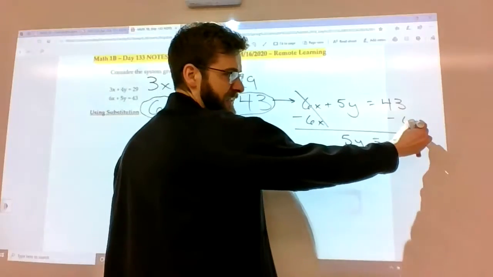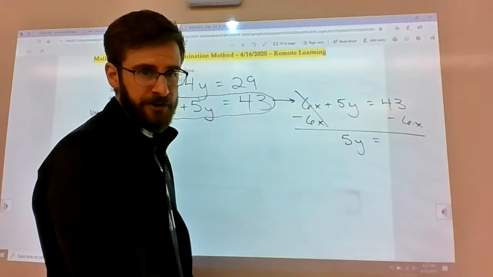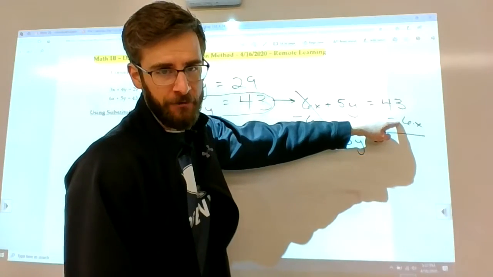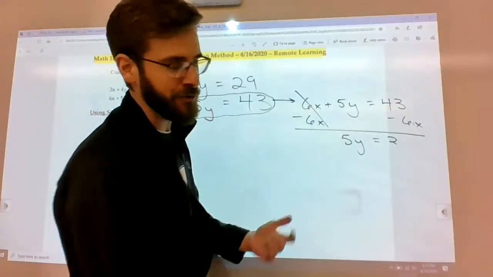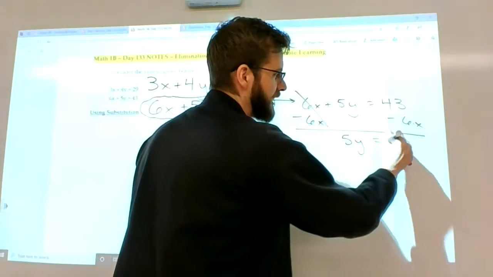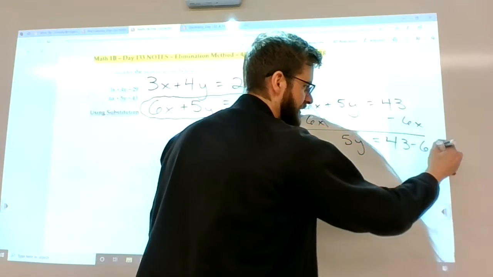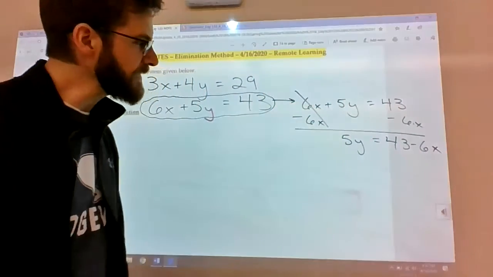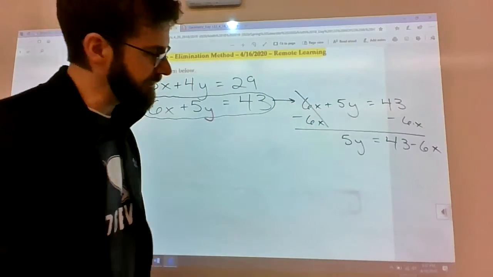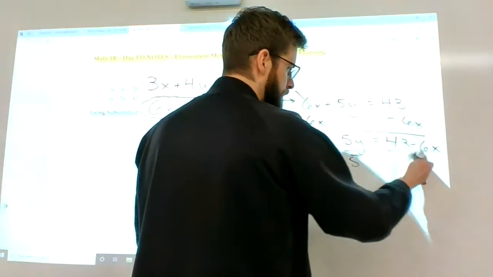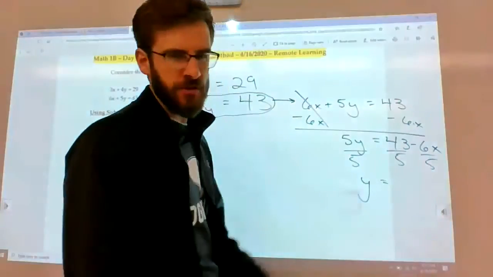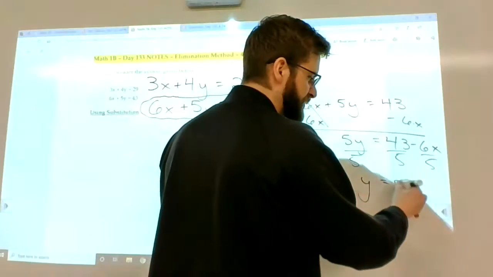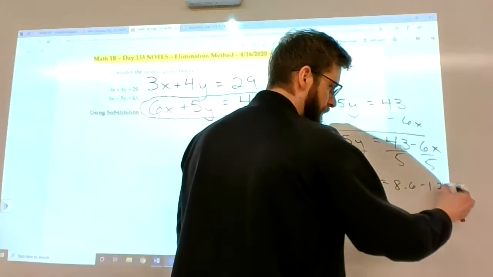Order of operations says the 6 has to be multiplied by the x first, can't just randomly subtract from the 43. So, as I almost write 37x, it's 43 minus 6x. Then we divide all parts by 5. So y equals, just do some quick math in your head, 8.6 minus 1.2x.